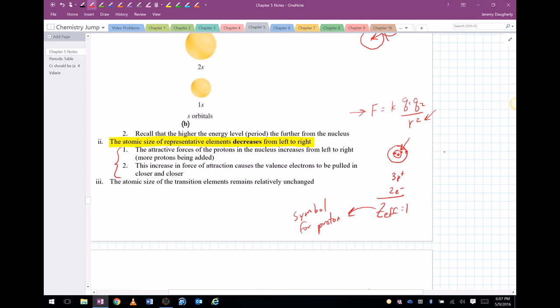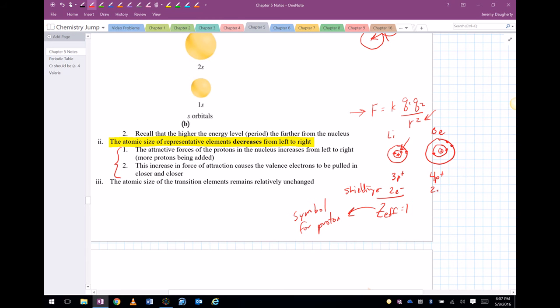Here's the nucleus. It has 2 shielding electrons, and now it has 2 electrons on the outside. Do you really want to think of it as 2 electrons on the outside? No, sort of think of it as 1 electron out there. But the big thing is that it has 4 protons. So this was lithium, this is beryllium, and it's got 4 protons. How many shielding electrons does it have?